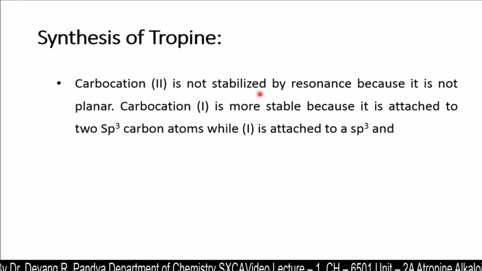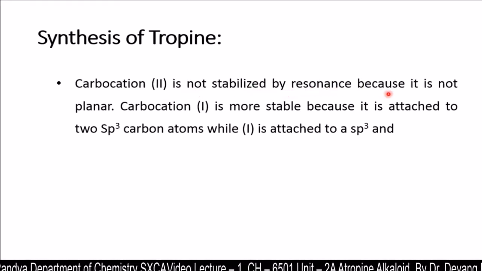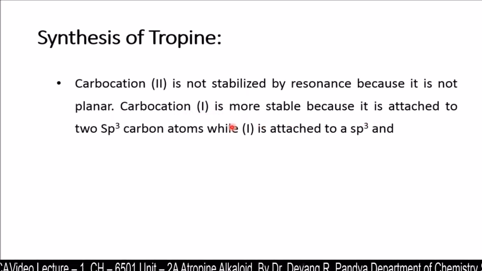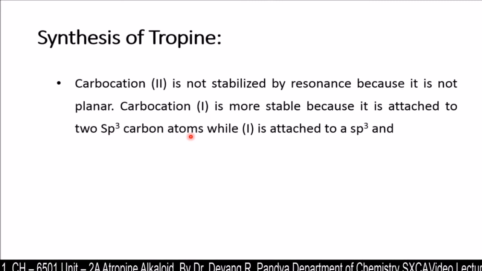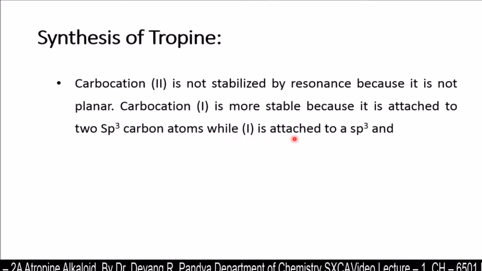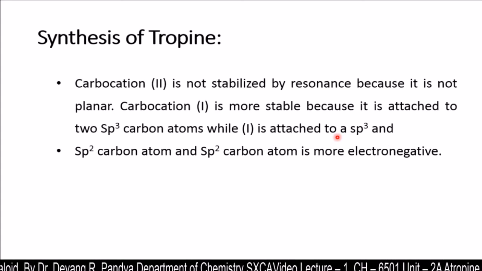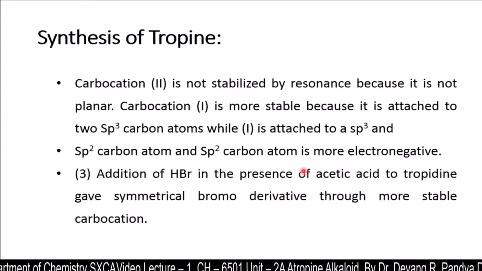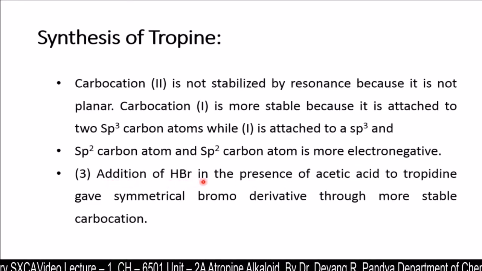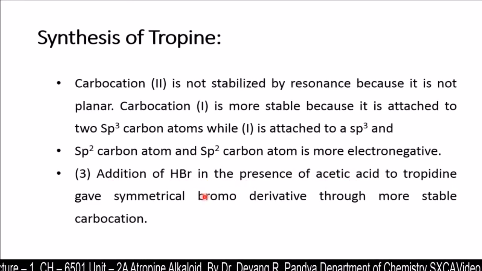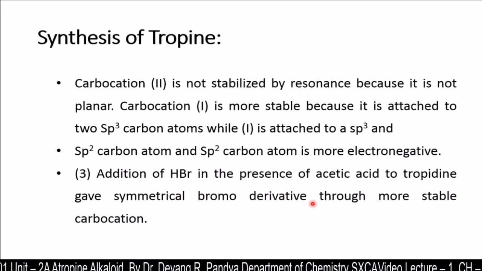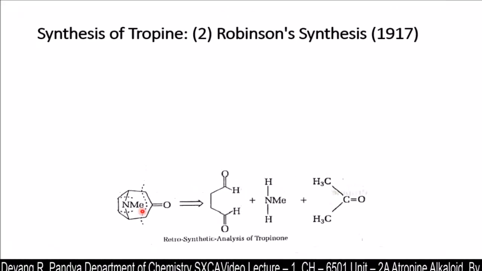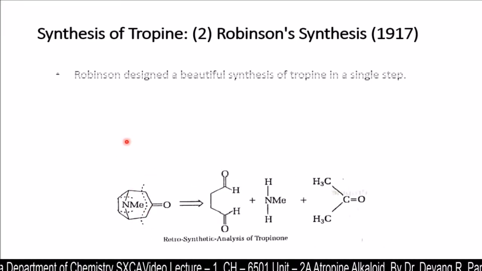Carbocation 2 is not stabilized by resonance because it is not a planar structure, and carbocation 1 is more stable because it is attached to an sp3 carbon atom, while structure 1 is attached to sp3 and sp2 carbon atoms, and the sp2 carbon atom is more electronegative. So, addition of HBr in presence of acetic acid to tropidine gave the symmetrical bromo derivative through the more stable carbocation. Here you can see the reaction is given.